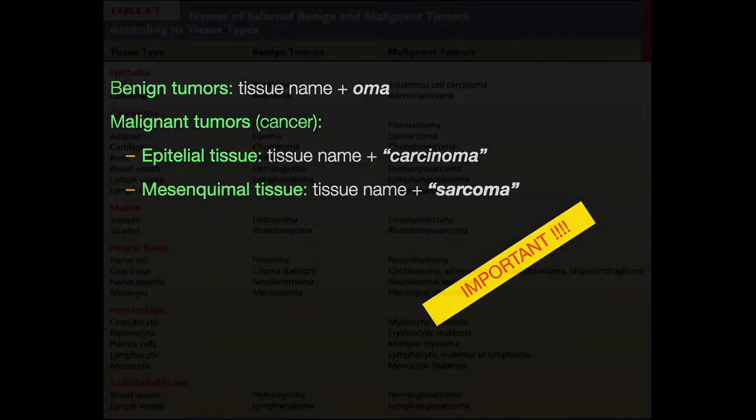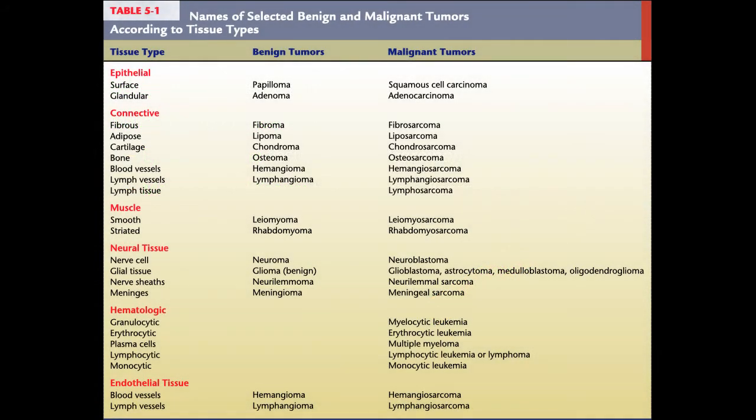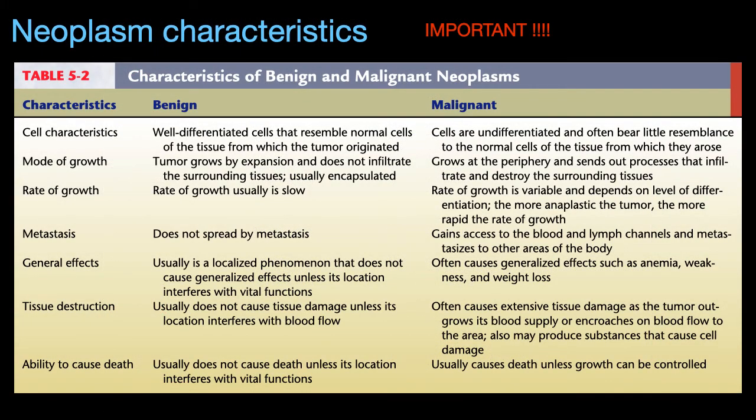All right, and here, for instance, I show you a list of different benign tumors and malignant tumors and their associated tissue, just for you as an example. All right, and here you have the differentiating characteristics of malignant and the benign neoplasms.